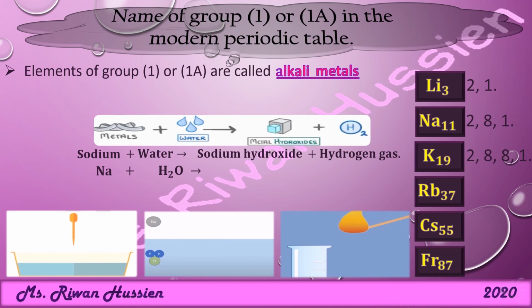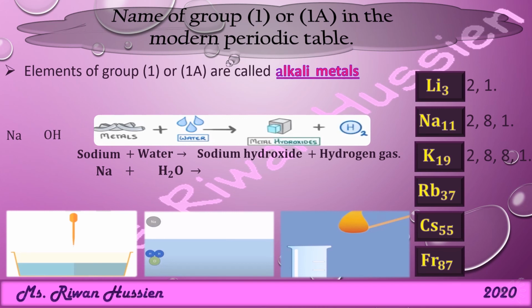To write the chemical formula of any compound, first we write the symbol of each element in the compound. So, sodium is Na, hydroxide is OH.